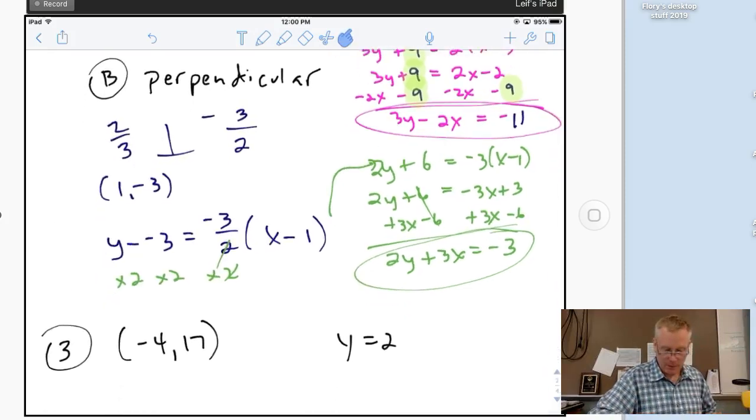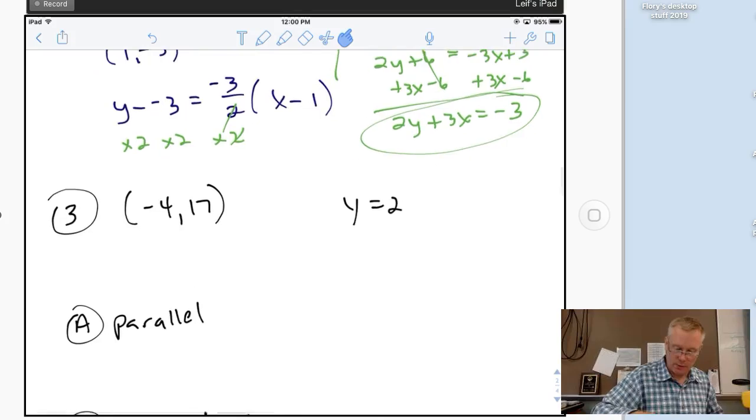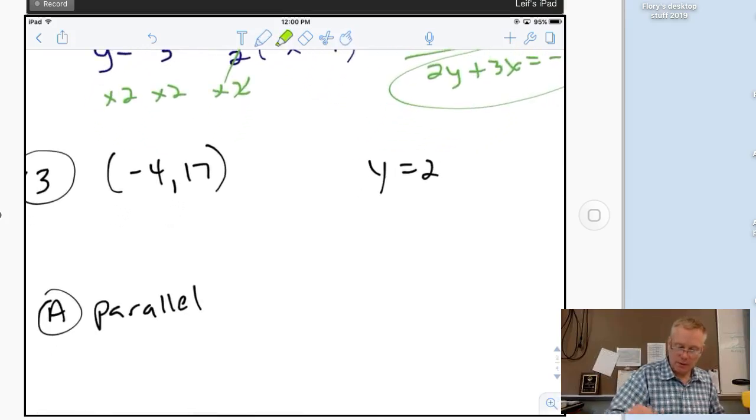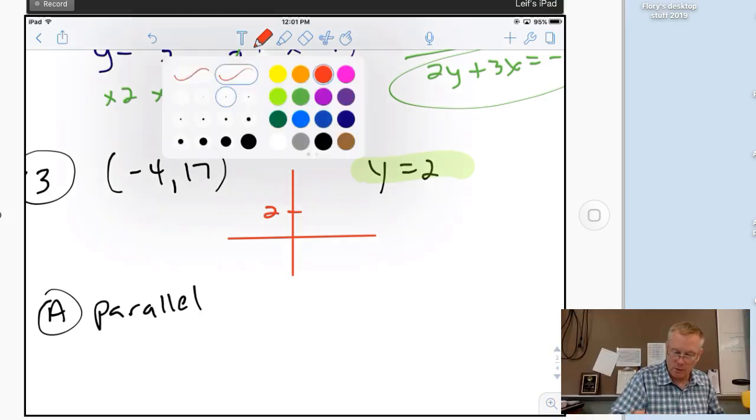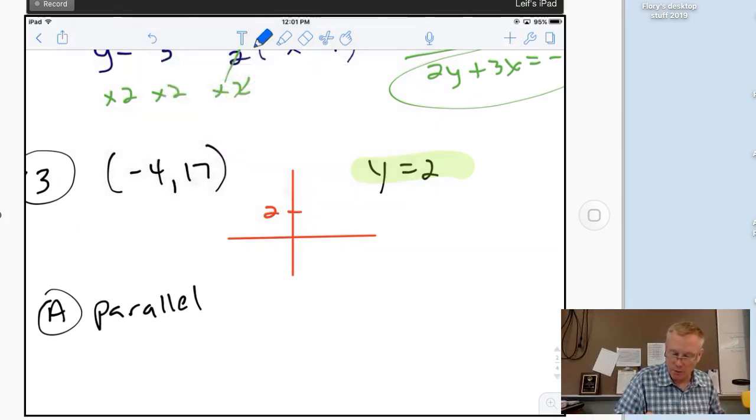Okay. This one's a little bit interesting because the equation is y equals 2. So if I was to draw a quick graph of that, if here's 2 on the y-axis, then the line is going to be a horizontal one going right through here, right through there, which means the only thing that matters here, that new line is going to be the 17.